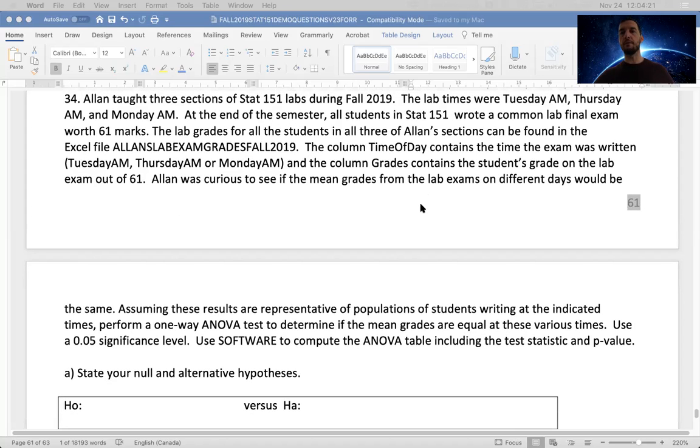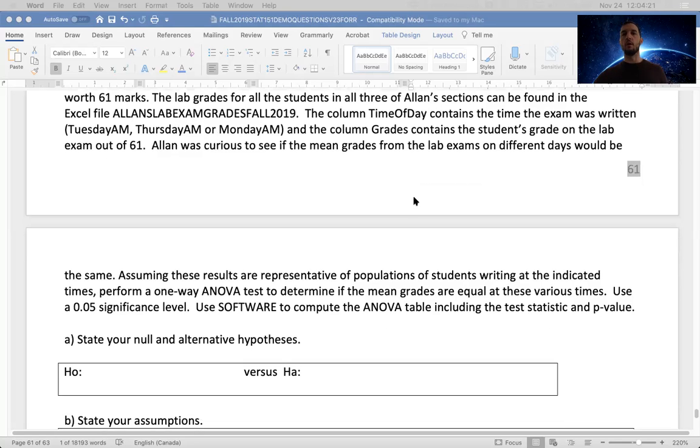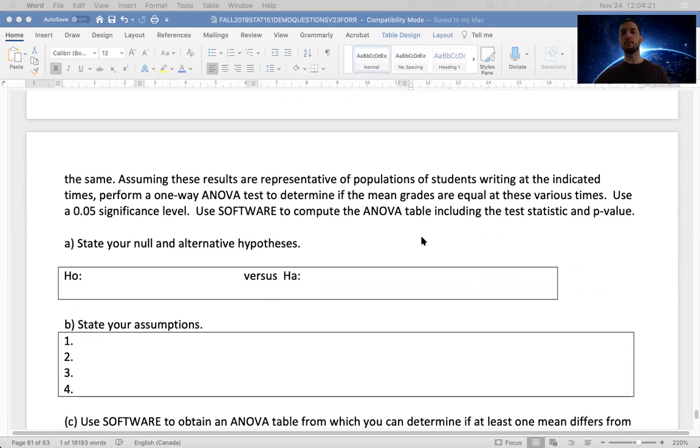The column time of day contains the time the exam was written, and the column grades contain the student's grade on the lab exam. Alan was curious to see if the mean grades from the lab exams on different days would be the same. Assuming these results are representative of populations of students writing at the indicated times, perform a one-way ANOVA test to determine if the mean grades are equal at the 3 various times.